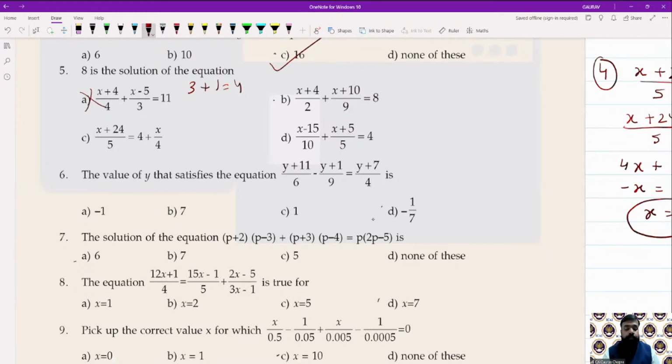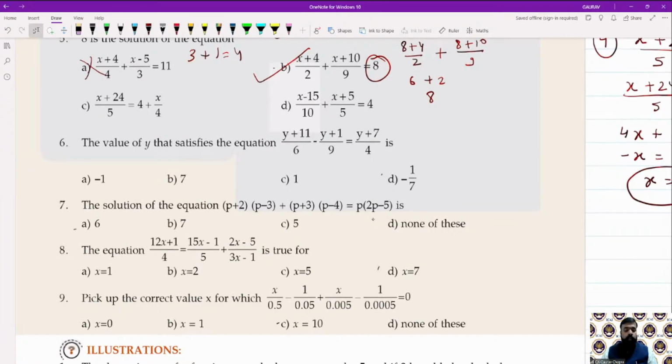In second one, 8 plus 4 by 2, it is 6 plus 8 plus 10 upon 9, that is 2, we are getting 8, and here also 8 is given. Therefore option number B is absolutely correct. Right, option number B is the perfect answer.